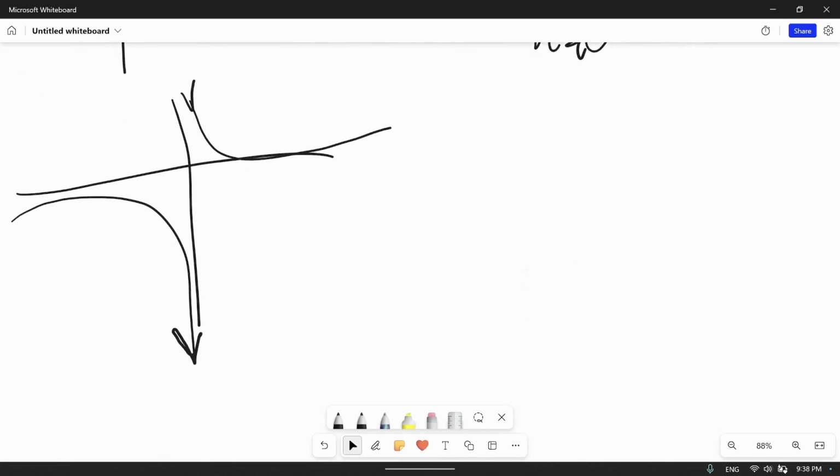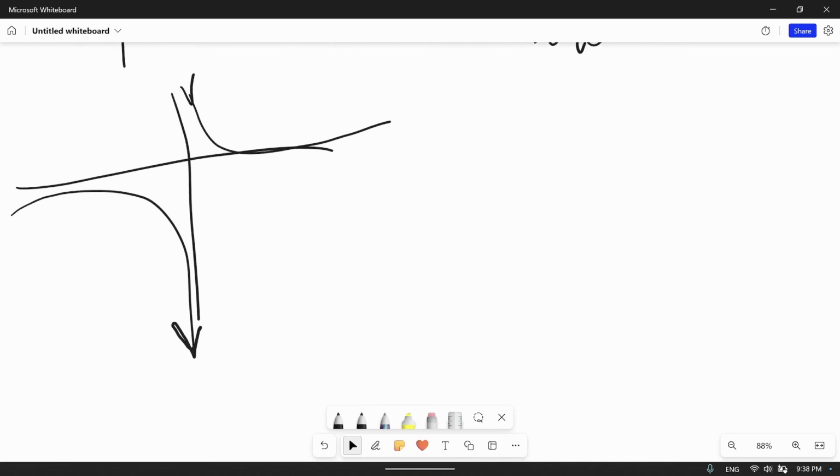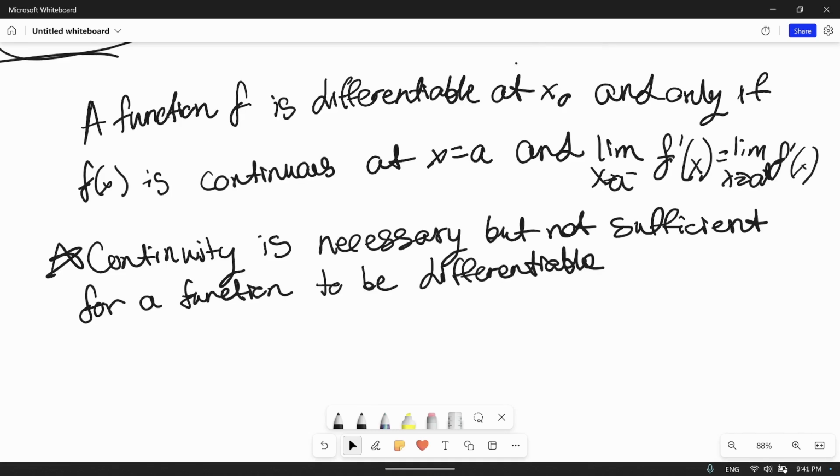So let me give you guys a definition of when a function is differentiable.